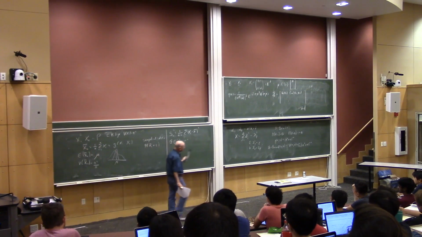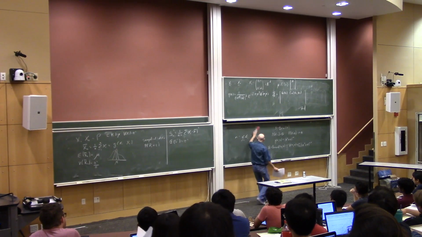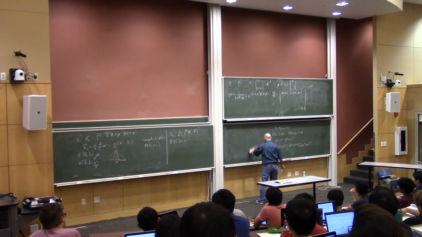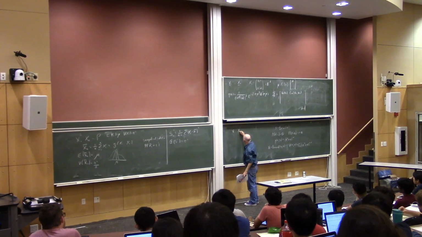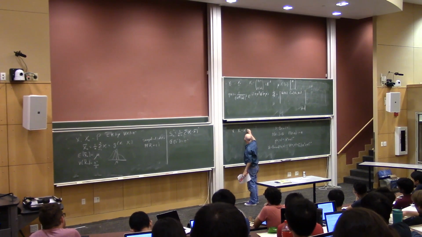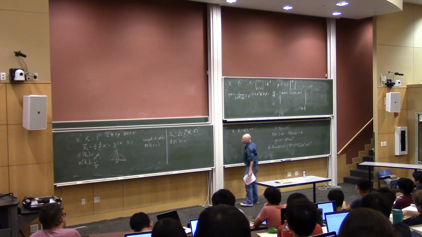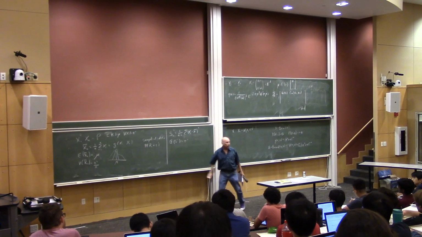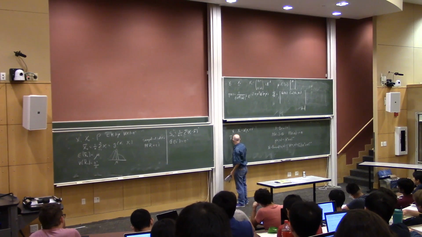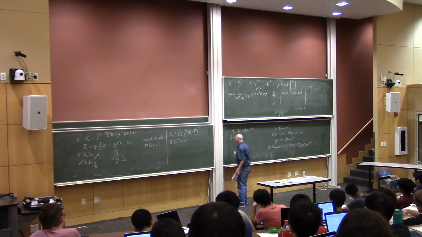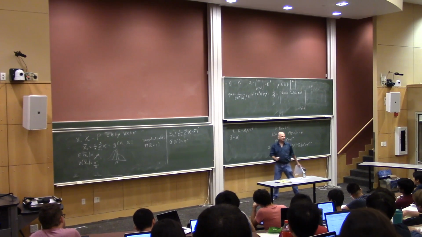In the special case when the original distribution was normal, we can say a little bit more. If x1 to xn are not only IID, but they come from a normal distribution, then of course these properties still hold. But we can say even more. X bar itself has a normal distribution. How would we prove that, by the way?